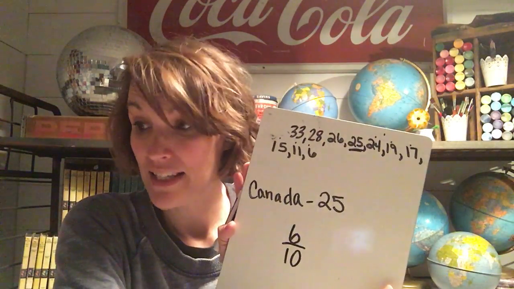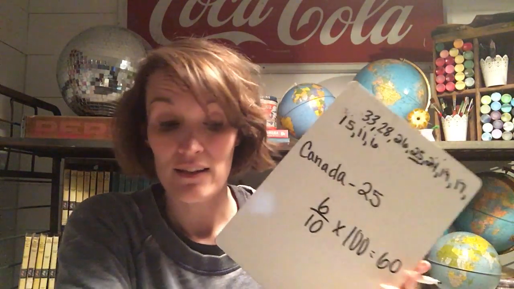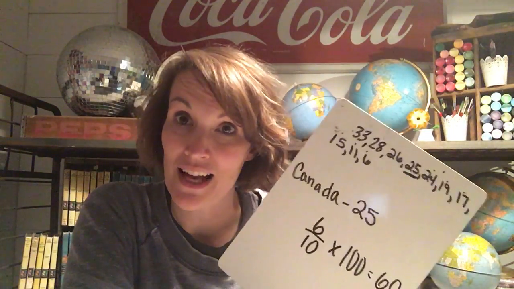There are 10 pieces of data. So 6 divided by 10. And then we multiply that answer by 100. So 6 divided by 10 multiplied by 100 ends up being 60. Canada, for the medal count, is in the 60th percentile.